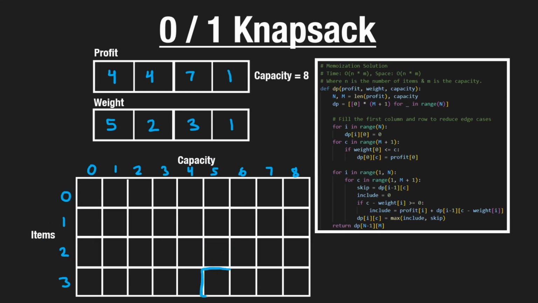Going one step below that is with all of these items with a capacity of 5, what's the max profit we could get? Starting at the top left is essentially with only the first item and a capacity of 0, what's the max profit we could get?